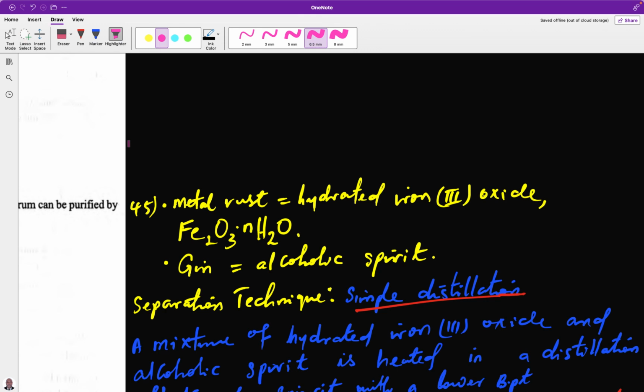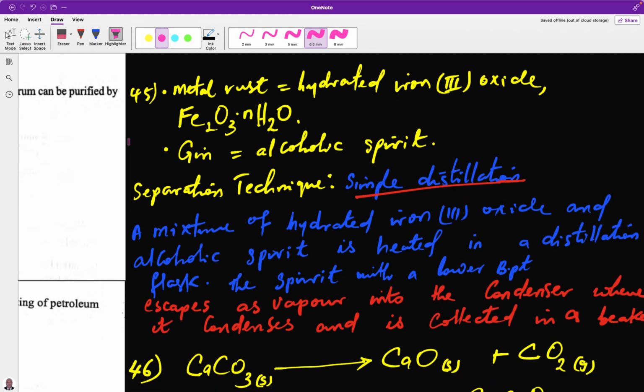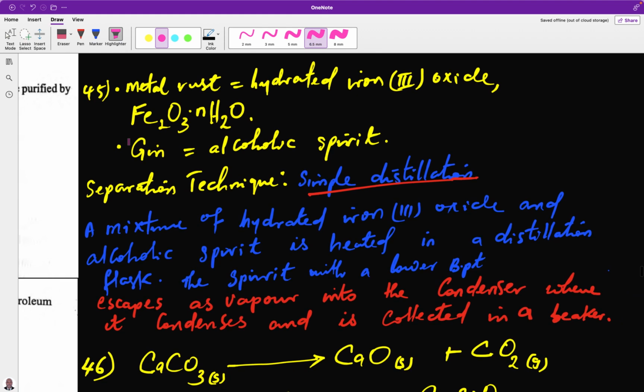How can we separate the alcoholic spirit? The only way we can do this is that the two of them have two different boiling points. And the technique we can use here is simple distillation. So a mixture of hydrated iron 3 oxide and the alcoholic spirit in a distillation flask is being heated.